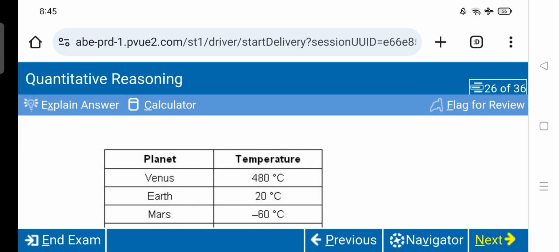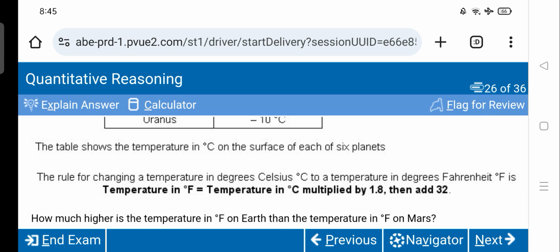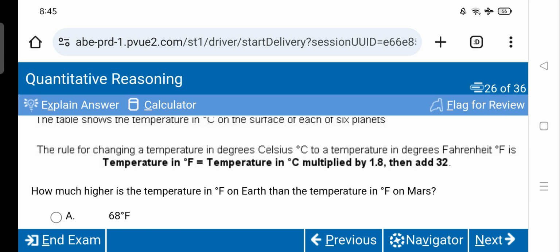Next question we have, with the same information. The rule for changing a temperature in degrees Celsius, degrees centigrade, to a temperature in degrees Fahrenheit is: temperature in Fahrenheit equals temperature in centigrade multiplied by 1.8, then add 32.